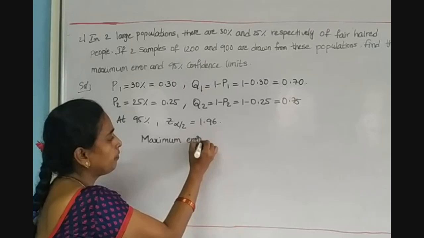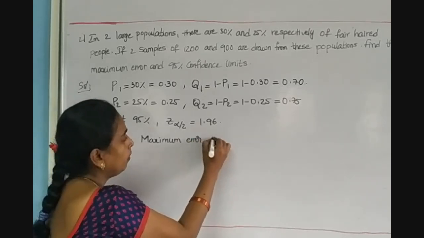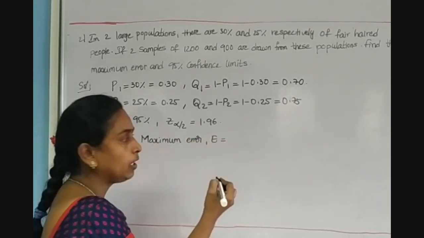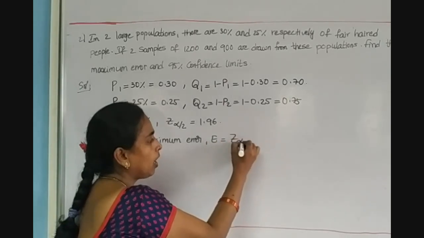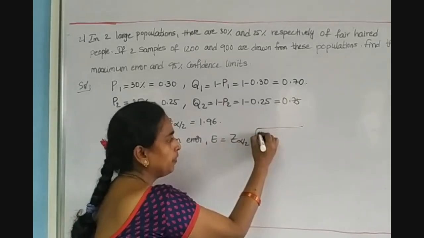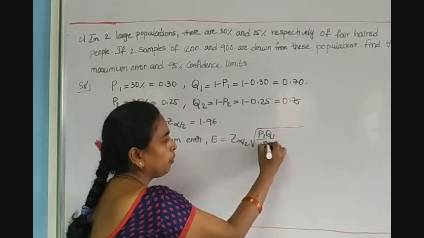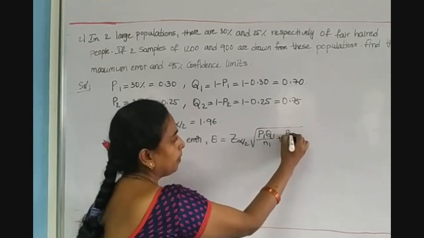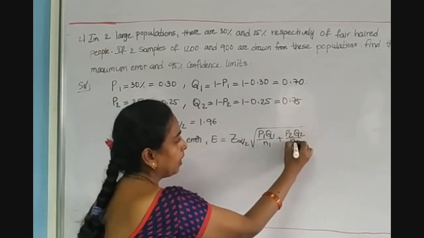Now we require the maximum error. The maximum error for proportions when the population proportions are given is E equals Z alpha by 2 into square root of capital P1 into capital Q1 by N1 plus capital P2 into capital Q2 by N2.